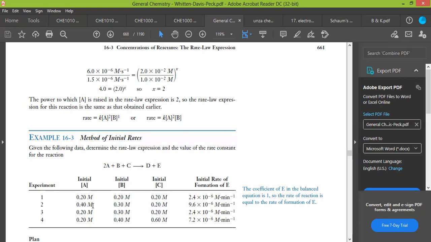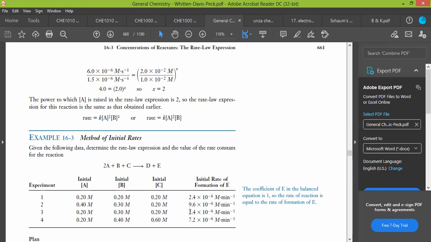Now, since A and C I'm not considering, I'm looking at 2.4 and 2.4. You add 0.2 and 0.3, but the rate has not changed. It is still 2.4 and 2.4.